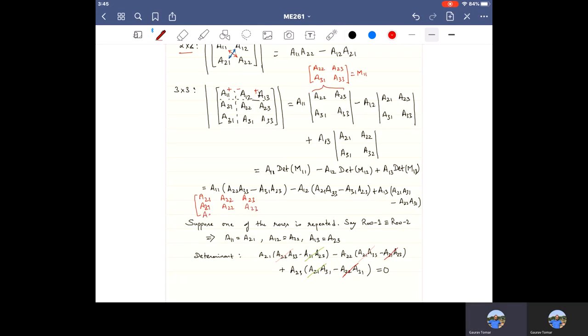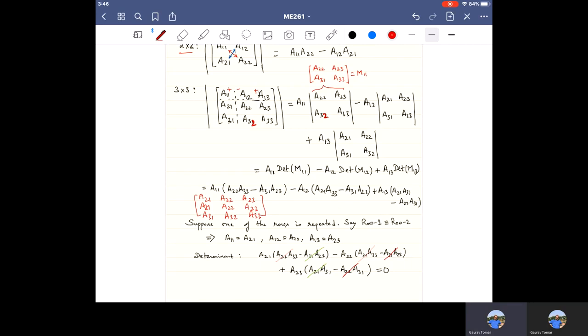That is the same. This is A31, this is A32, sorry, this should be A32, my bad, and then you have A33. This is the matrix that you would have.